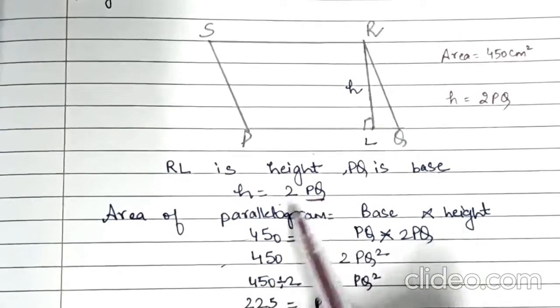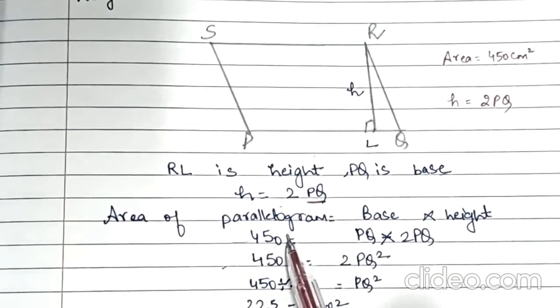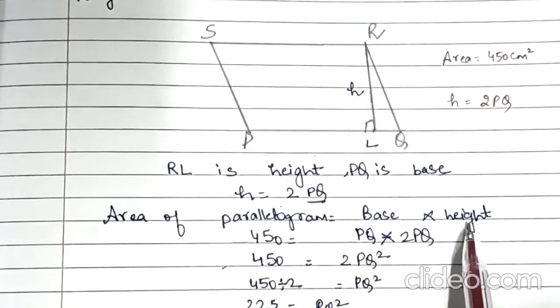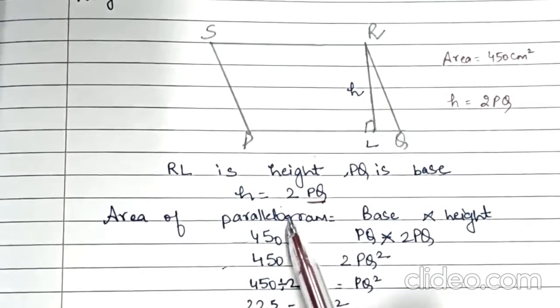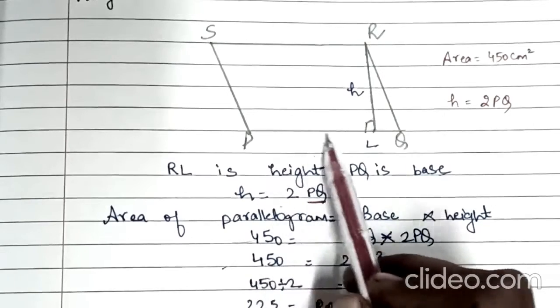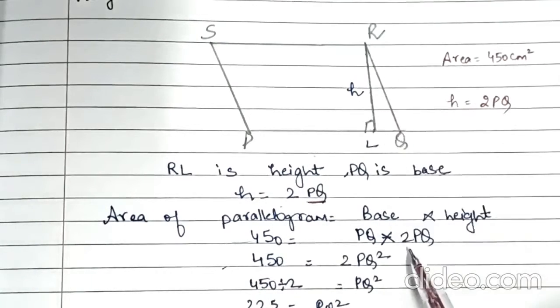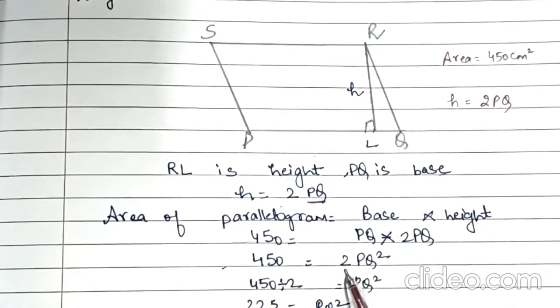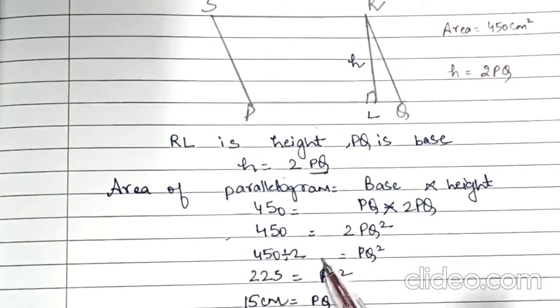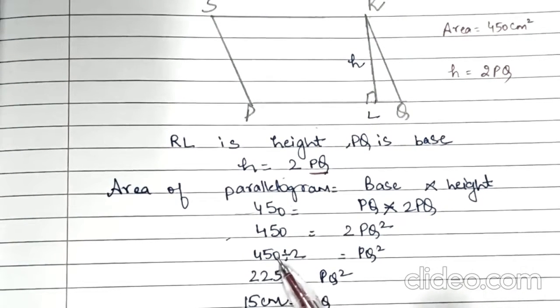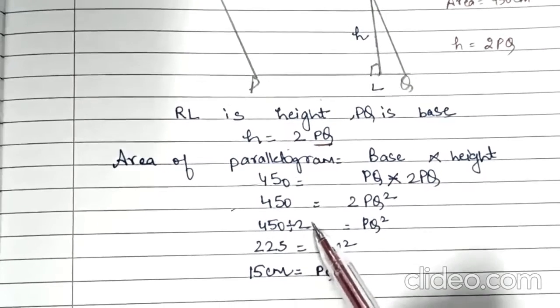Now we know that area of the parallelogram is base into height. Area is 450, base is PQ and height is 2PQ. So we get 2PQ square. Now 2 will get shifted, 450 divided by 2. What we get?